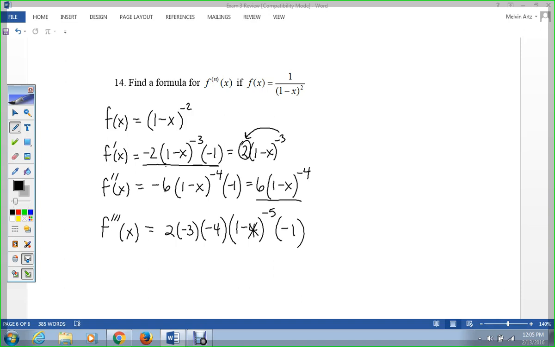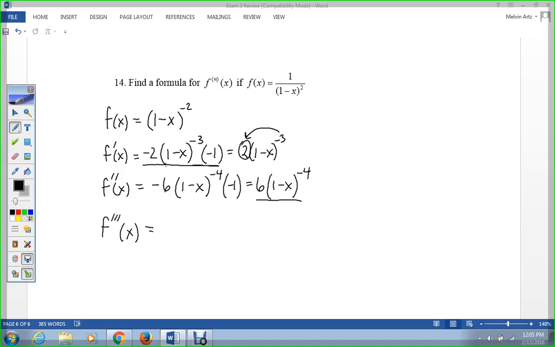All right, so I can see in here that I have a mistake with my signs, so I'm just going to redo this quickly here. So let's look at that again.